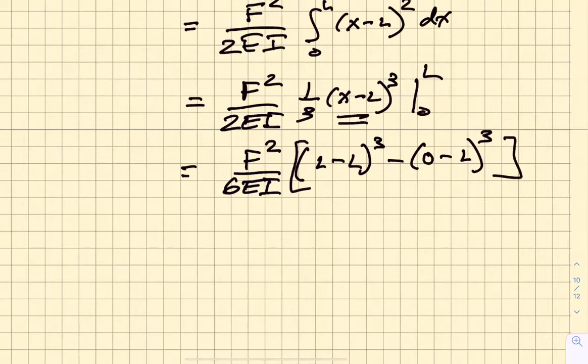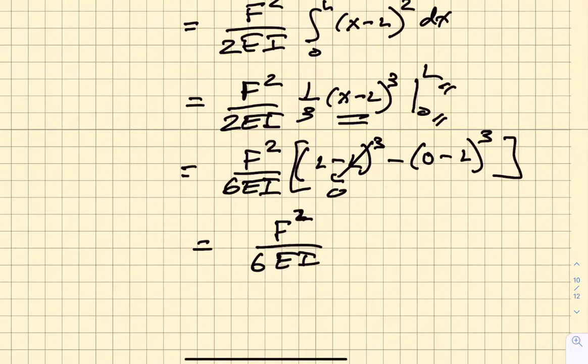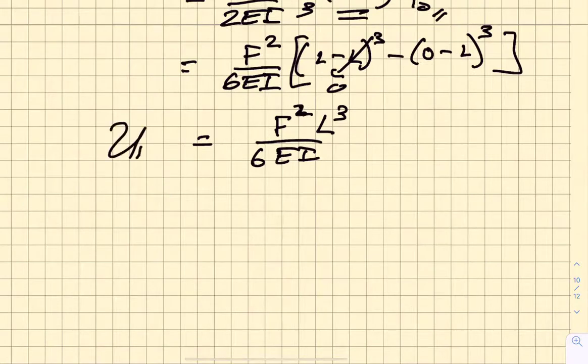I'm evaluating this at both L and at 0. This first term is 0. The second one is negative of a -1 cubed. That's going to be negative, so it's going to be F squared over 6EI. It's a positive term. The energy always will be positive, and this is going to be L cubed. So there is my bending energy.